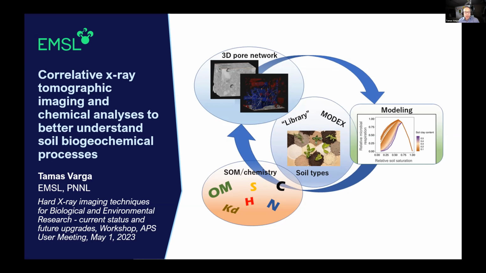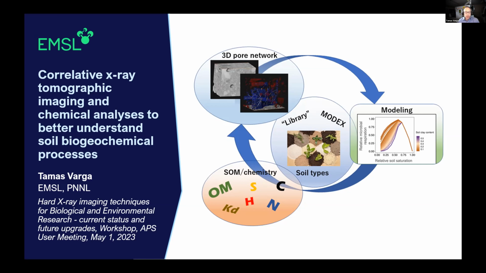Today I'm showing 3 examples that are ongoing ENVO projects that try to address these issues at different scales. The first one is going to be a bulk core scale study. Then I'll talk about soil aggregates, where we look at these processes at higher resolution.